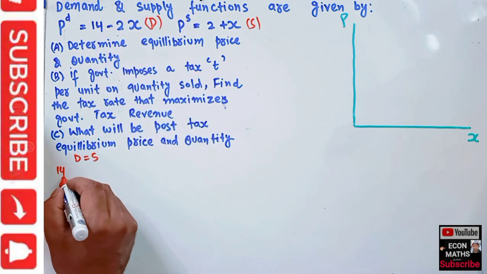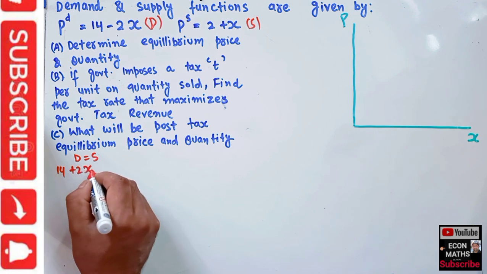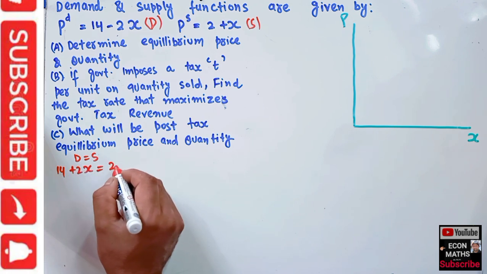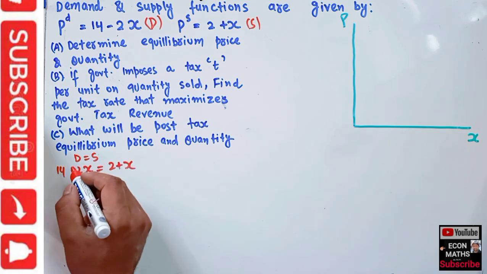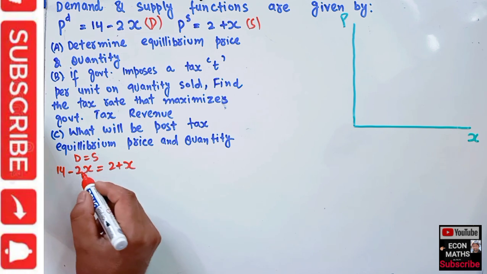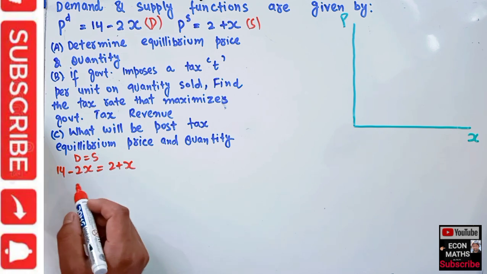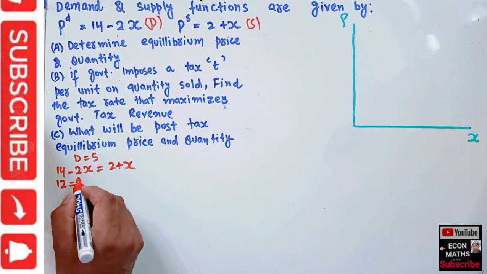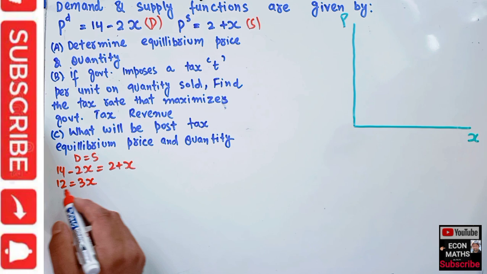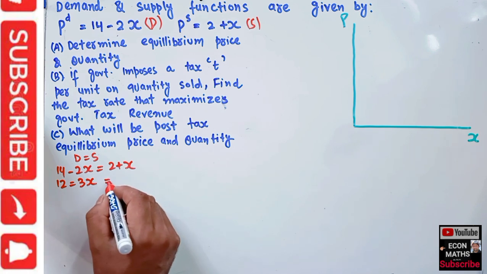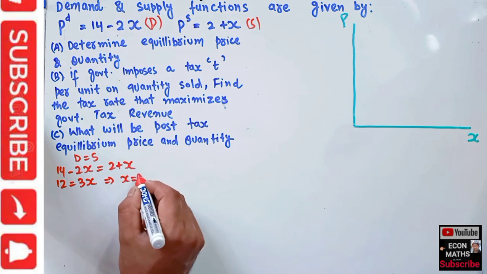So we have 14 minus 2x is equal to 2 plus x, sorry for the mistake. So it will become 14 minus 2, which is 12, is equal to 3x. Simple algebra, dividing both sides by 3 gives us x equal to 4.